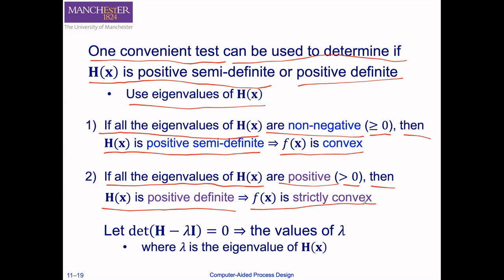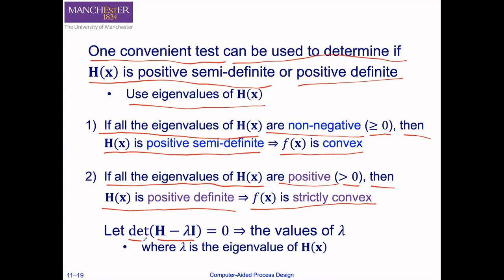Then we need to determine the eigenvalues of the Hessian matrix. How can we determine the eigenvalues? Let's use lambda to denote the eigenvalues of the Hessian matrix. We first calculate a matrix that is the Hessian matrix minus lambda times the identity matrix.